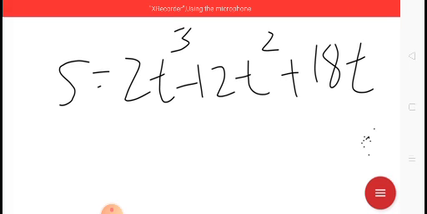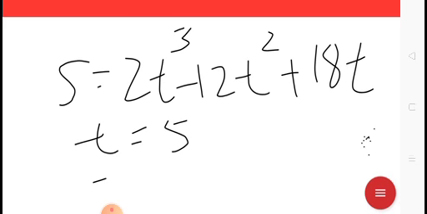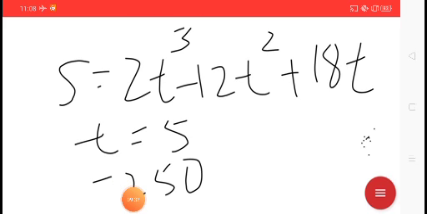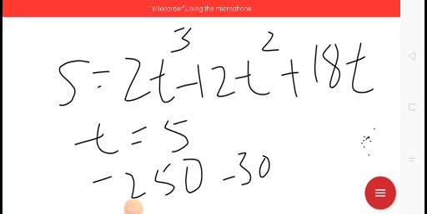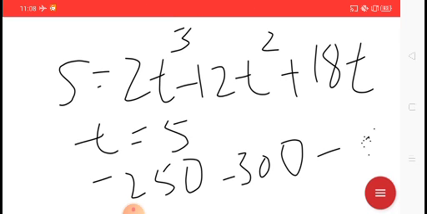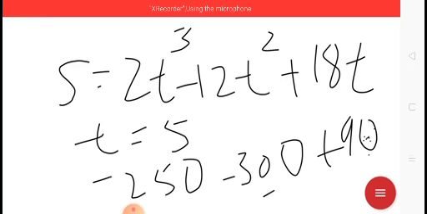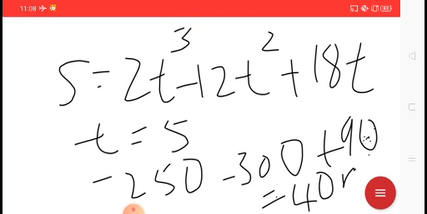If you substitute t equal to 5, you get 250 minus 300 plus 90, which is 40. This 40 meter is the last displacement at t equal to 5, but it cannot represent the total distance traveled. So now you need to verify where the turning points are first.